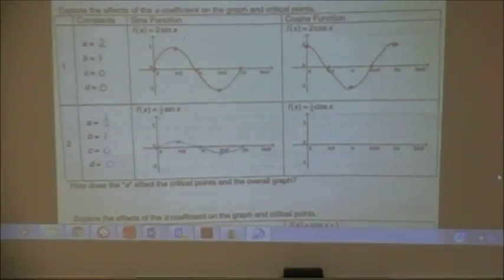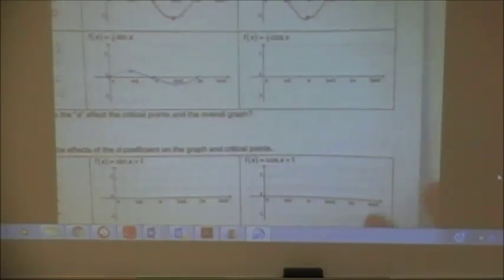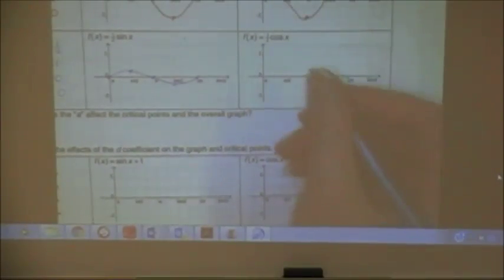So it looks like that, because this one has been vertically compressed. Everybody all right? Easy, right? Okay. So same thing with cosine.